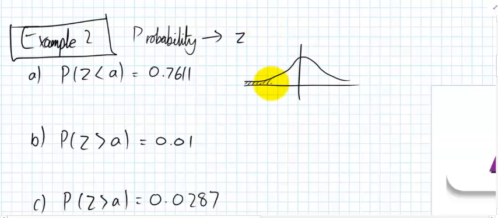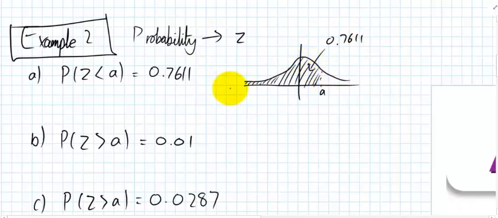Now how far do we shade in? Because we don't actually know what A is, but we know what the probability is. In fact, it's bigger than half, so the area is going to be bigger than half. So let's just stop somewhere here. And A is this value, and the total area is 0.7611.